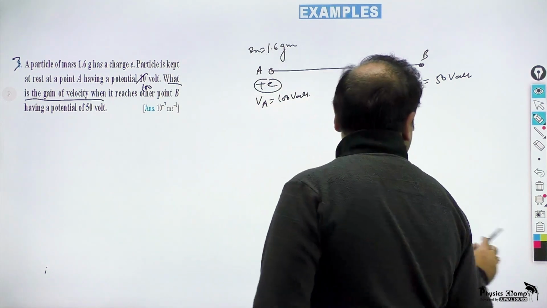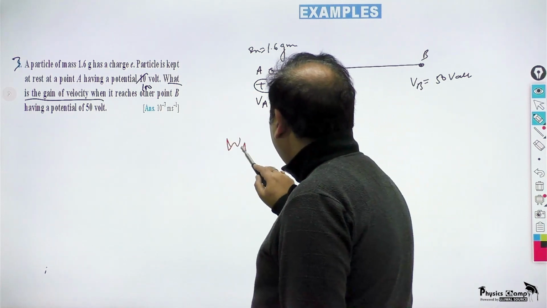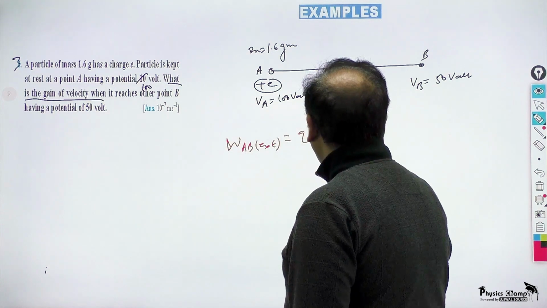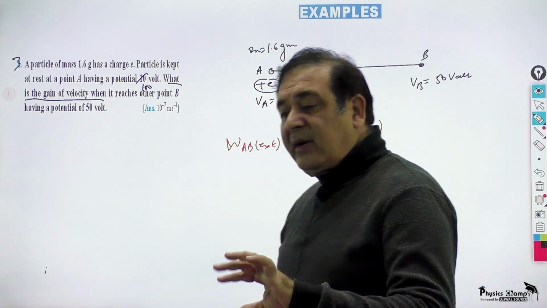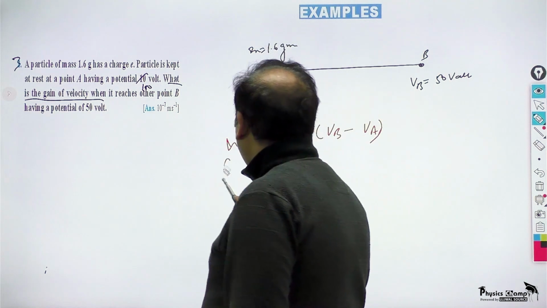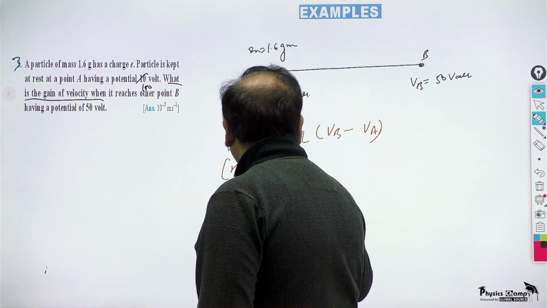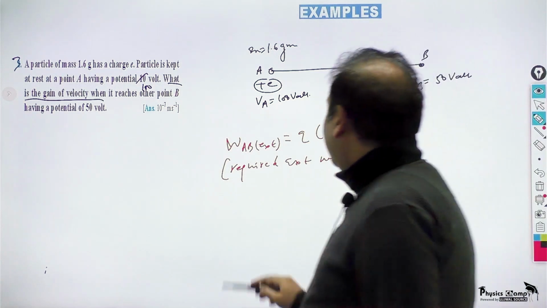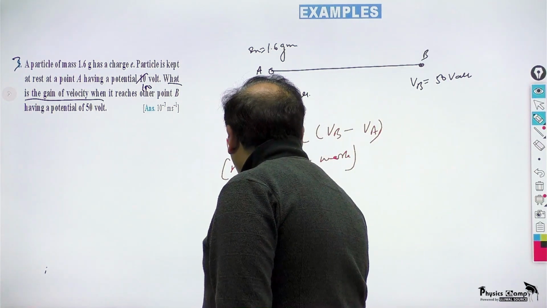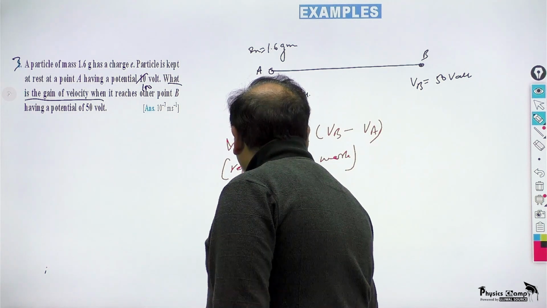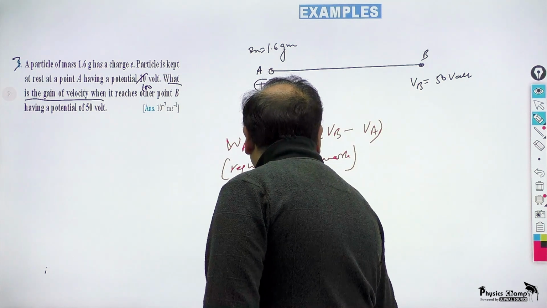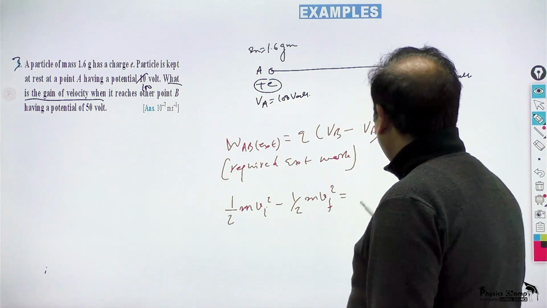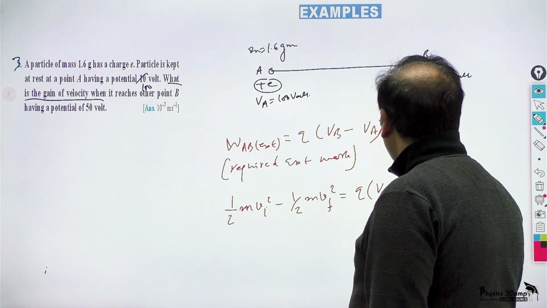So we know the same relation: the work done by the external force, or work required by the external force, will be Q into VB minus VA. This is the required external work, and required external work should always be written as half m V initial square minus half m V final square, which is equal to Q into VB minus VA.